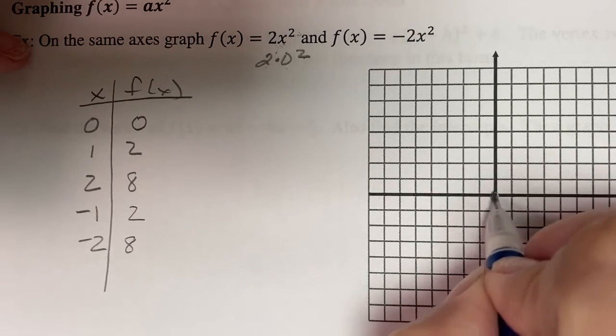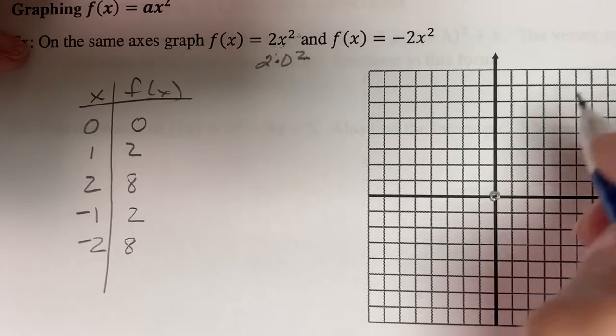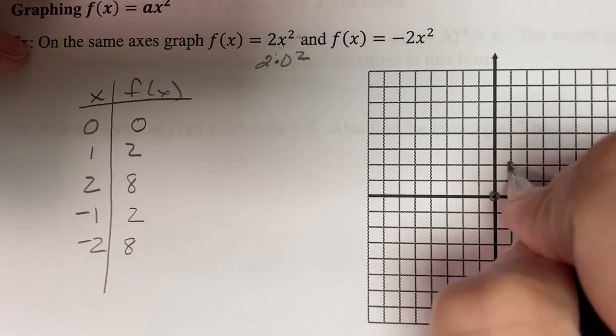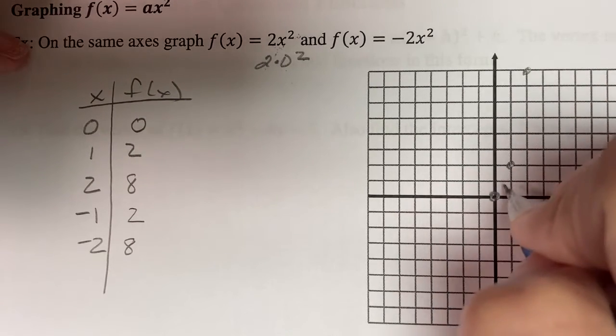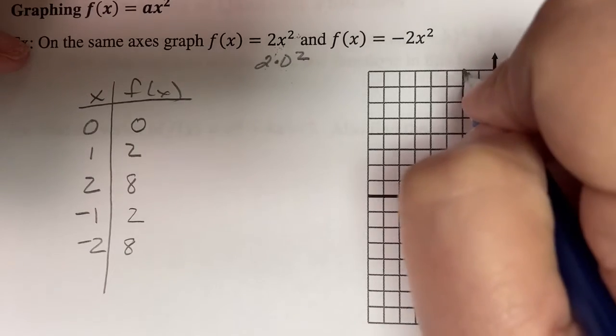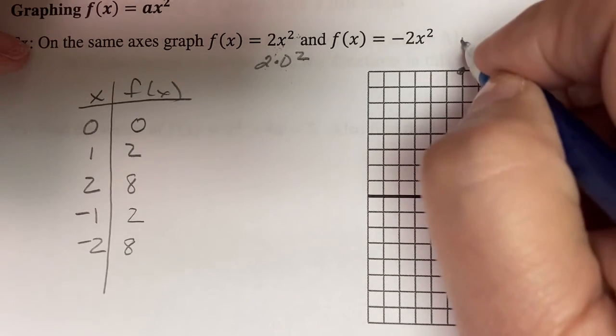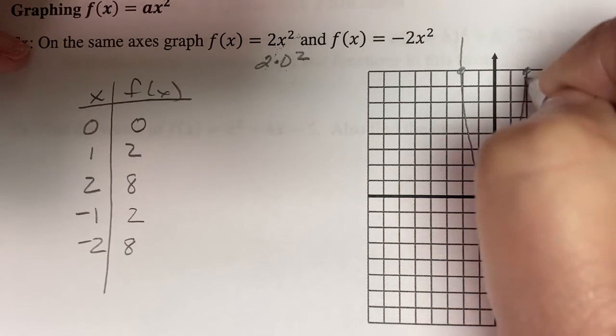So our vertex is (0, 0), so it didn't shift either horizontally or vertically. (1, 2), and (2, 8), (-1, 2), and (-2, 8). If you look, this is the first time where the shape has changed.